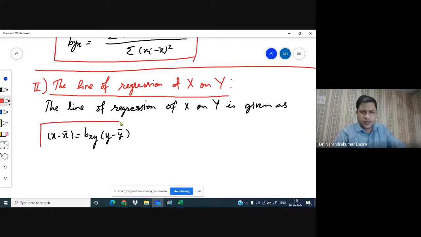So this is the line of regression of x on y.